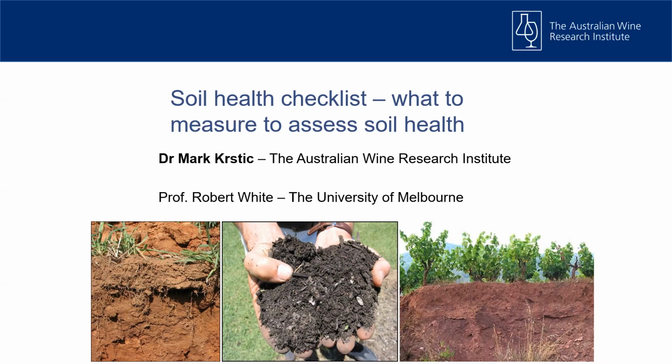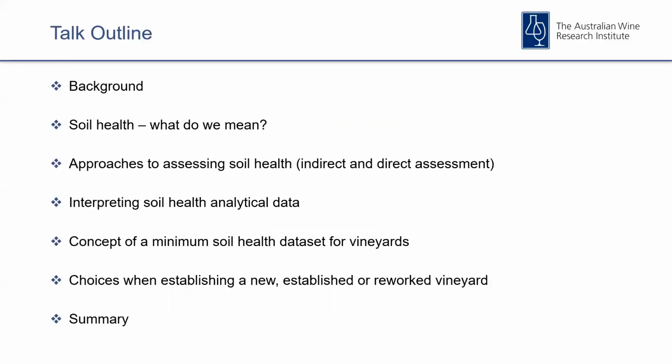So let's get going. The talk outline today: I just want to start off with a little bit of background, talk a little bit about soil health and what we mean, and then look at the approaches to assessing soil health, both indirect and direct assessments.